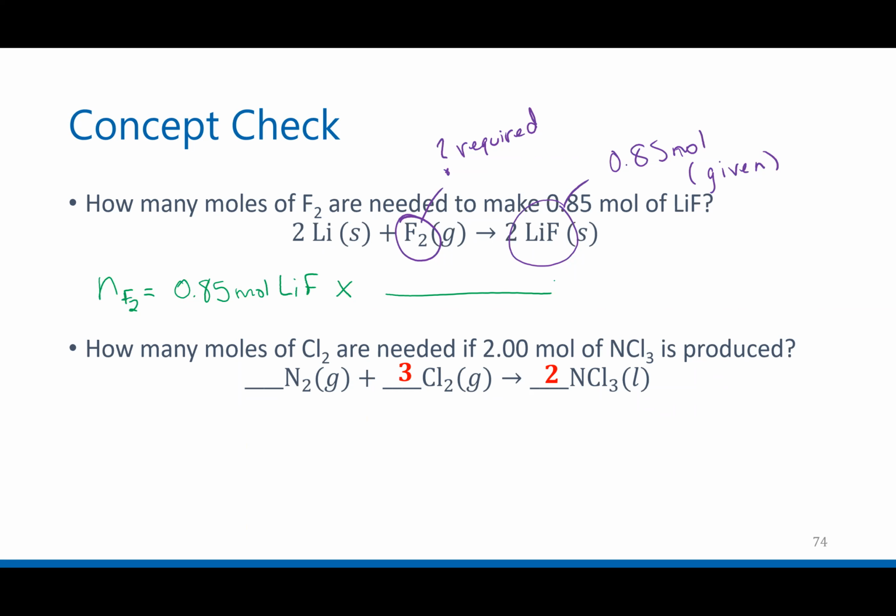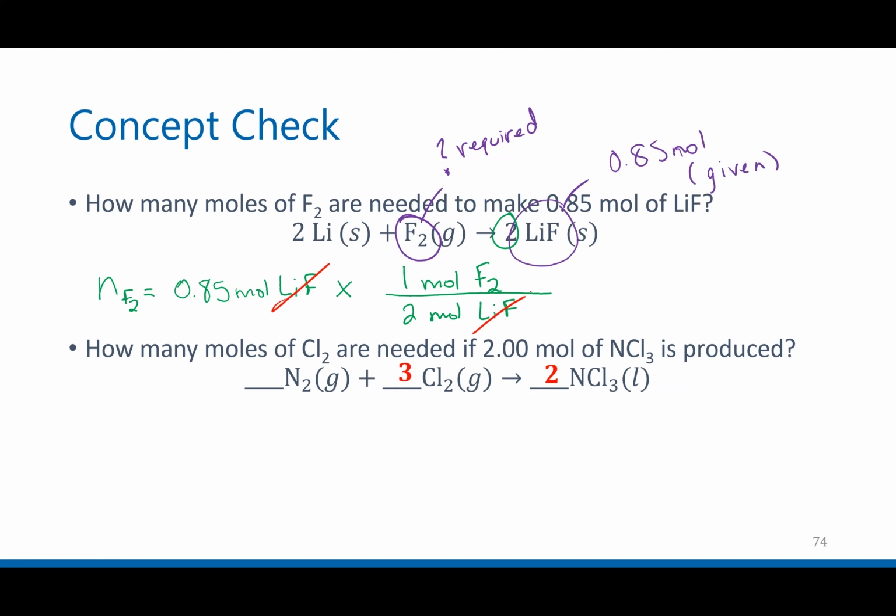So I use my balanced chemical equation. I put the number that I'm looking for on top. So 1 mole of F2 divided by 2 moles of LiF, and that's it. Done. So LiF cancels, and I'll get my answer.